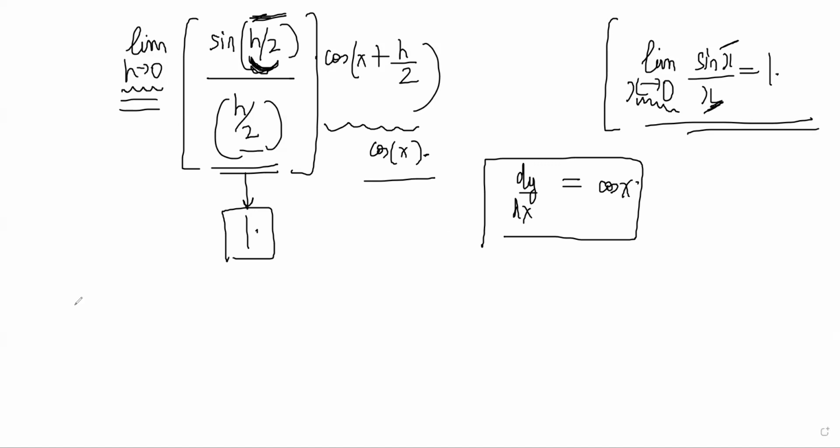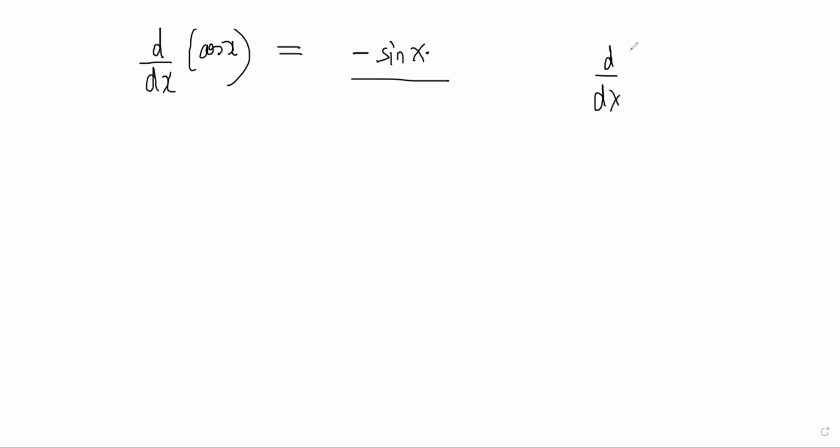Okay. Similarly, I can also prove the derivative formula for cos x. If you see in the book, they have given a formula of minus sin x for this, right? So they will give you several formulas. What I want you to understand is that all of this is obvious if you follow the definition of the derivative and apply this limit concept.